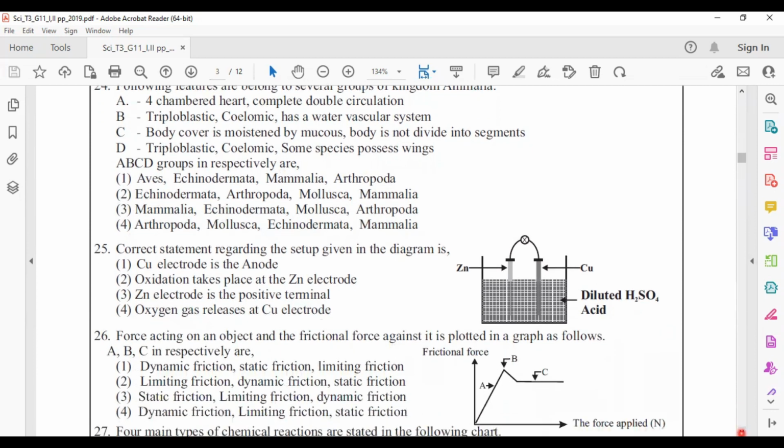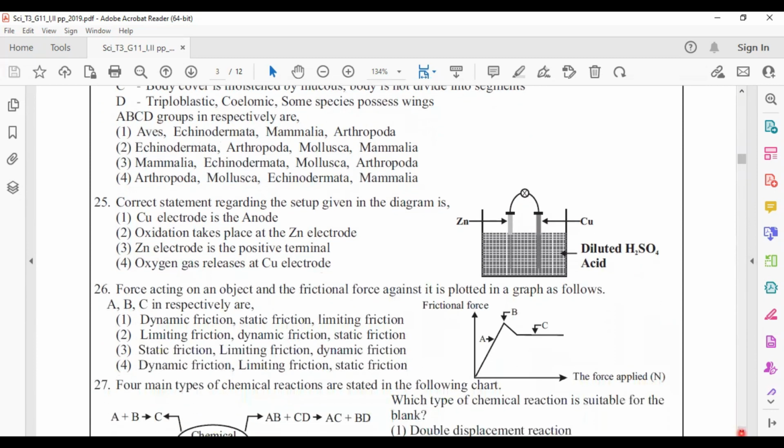25. Correct statement regarding the setup given in the diagram is answer number 2. Oxidation takes place at the zinc electrode. It is correct because here in this electrochemical cell, we have to find which one is doing the oxidation by considering the activity series.